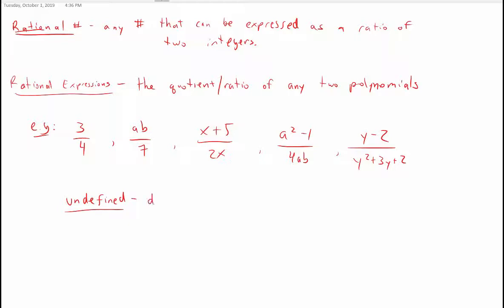So any rational expression would be undefined when the denominator is equal to 0. For any values of the variable that cause the denominator to equal 0, the expression would be undefined. So what we need to look at right now is how or when a rational expression would be undefined.